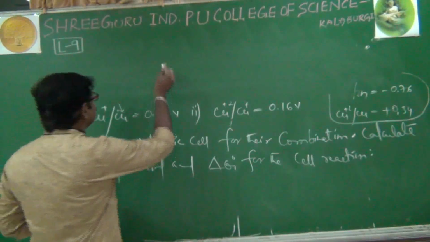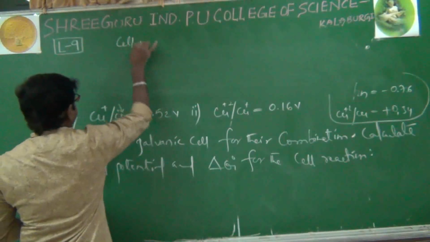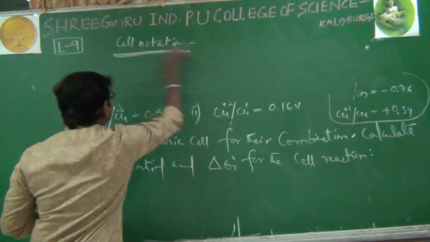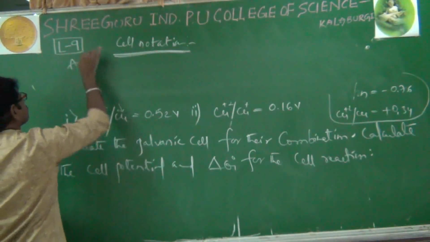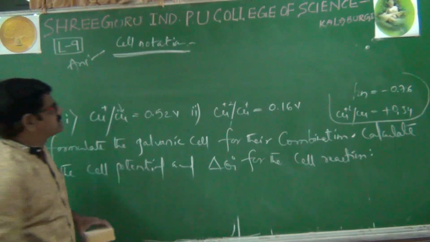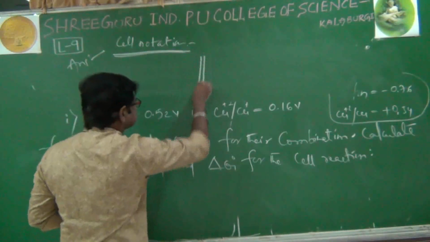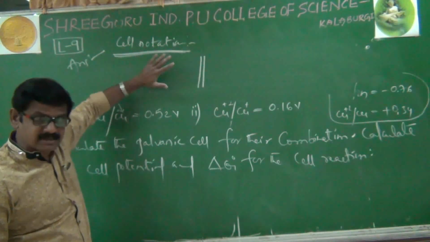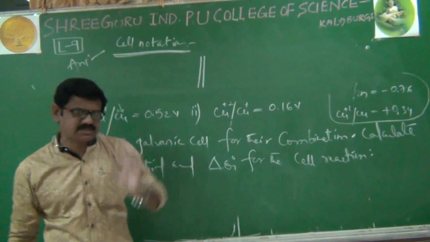Therefore, we'll write the cell notation. We'll start the answer from here. Cell notation: first we'll write a salt bridge. On the left side we have to write the less SRP electrode, and that electrode should undergo oxidation.